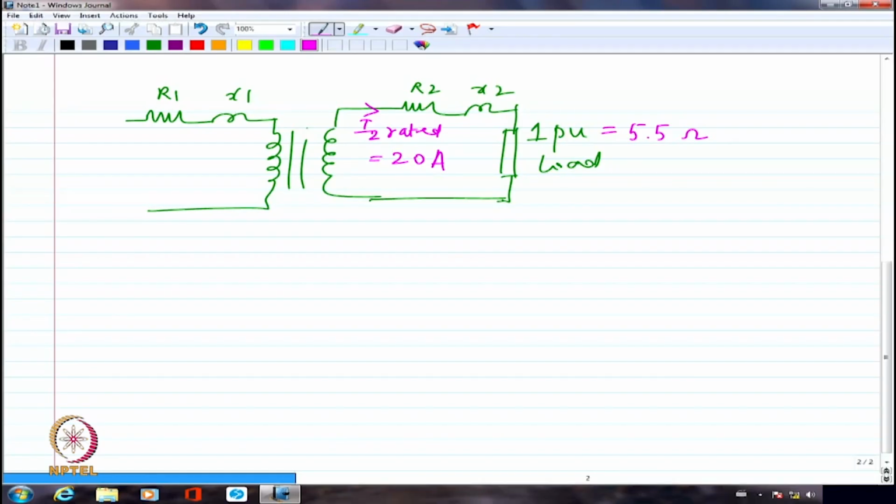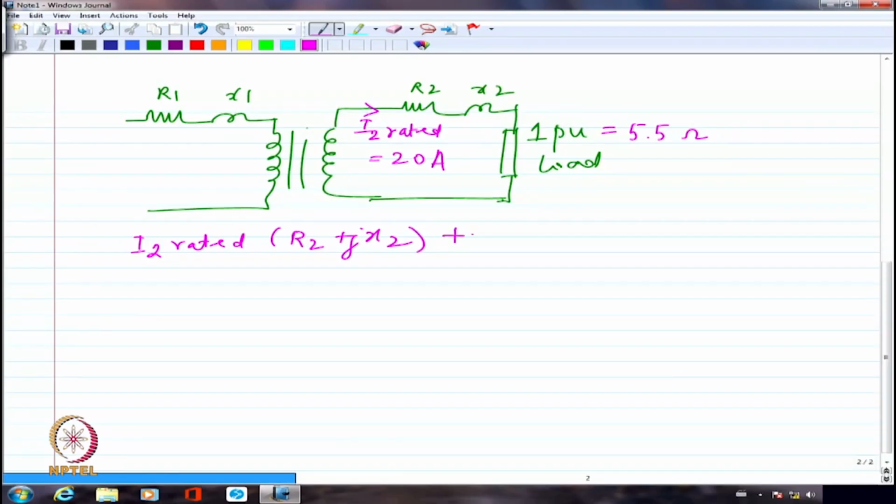So, many times if you look at the actual values that are given from the industry, they will always give the impedances in terms of per unit. And also, if I try to see that I2 rated times R2 plus JX2, this is the voltage drop that I am going to get. And maybe I should have said again I2 dash rated multiplied by R1 plus JX1.